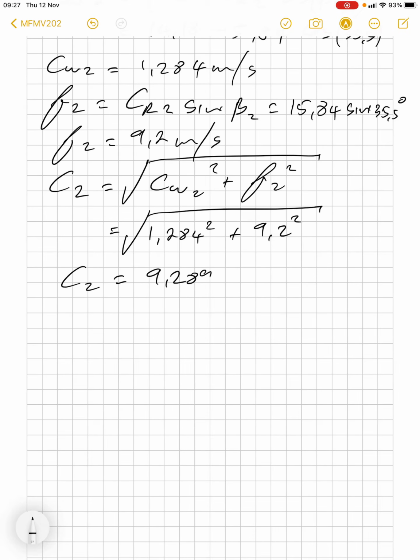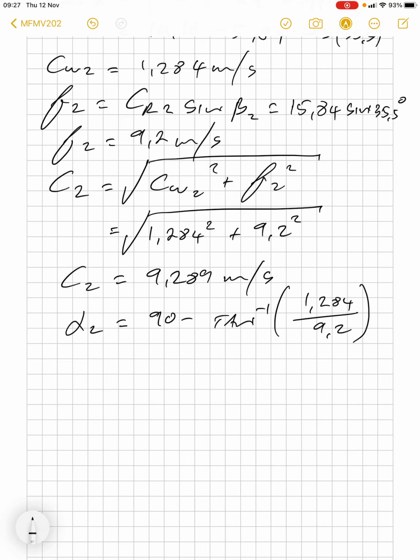C2 is 9,289 meters per second. Alright, the angle alpha 2 is equal to 90 minus tan of 1,284 over 9,2, and alpha 2 is equal to 82 degrees to u, u being the velocity of the blade.